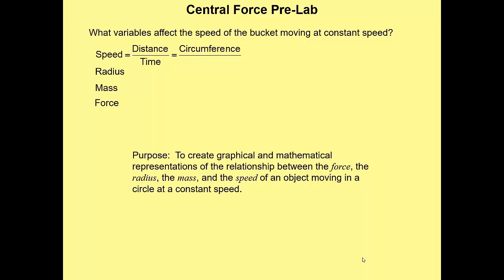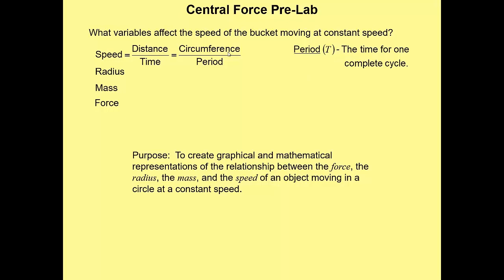It's not just any random time, it's the time for one complete motion. In physics, we call this the period. It's denoted in an equation by a capital T. So lowercase t is just generic time. Capital T is the time for one complete cycle. This often comes up in things that repeat their motion, like something moving in a circle.